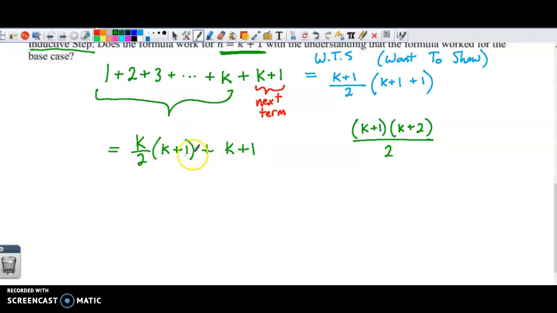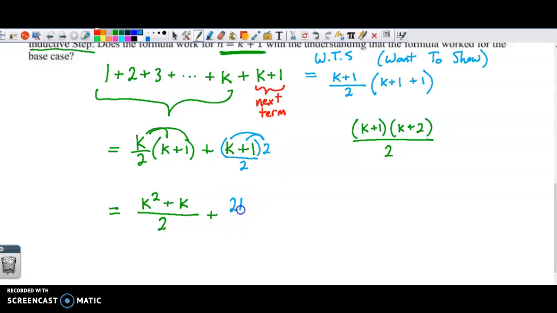So you can look through this and say, okay, if I want these two things to be equal, you have a goal in mind. Maybe what you can do is leave that as over 2 and distribute that k in there. So we're looking at k squared plus k. It would be worth your while to get this piece over here to have the same denominator. If you divide that by 2, you also multiply the numerator by 2, so distribute that in there.